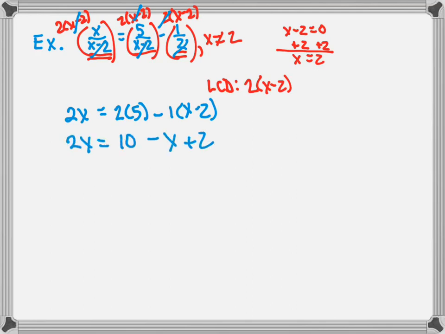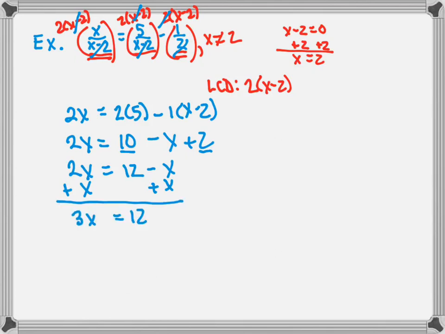Okay, so 2x equals 10 minus x plus 2. That's combining like terms. 2x equals, and then 10 plus 2 is 12 minus x. Let's add x to both sides. 3x equals 12.